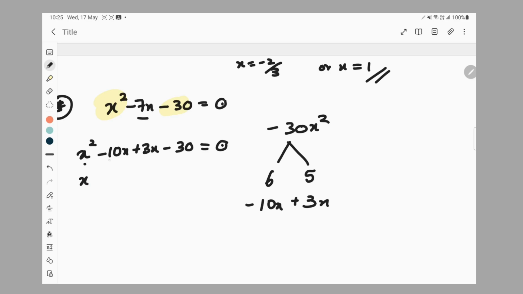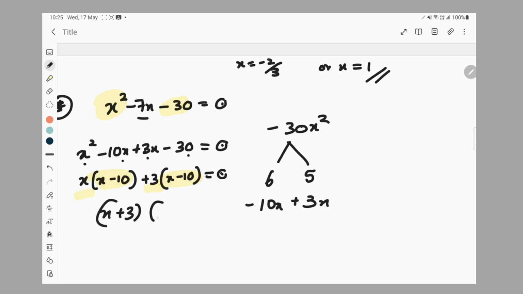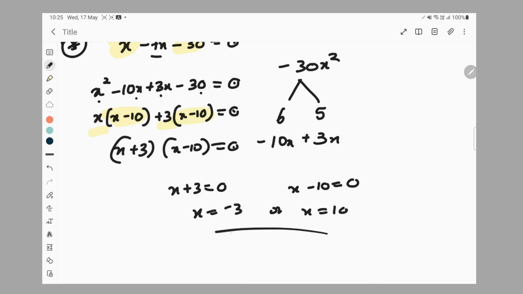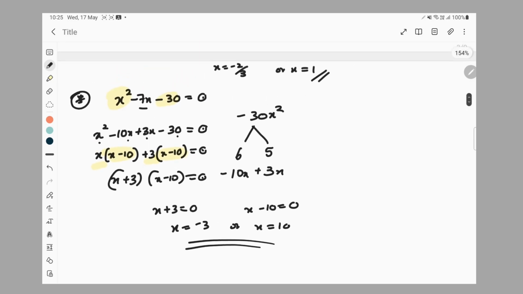Then you take the common term, x, out: x minus 10. Then you take 3 out, and that's also going to be x minus 10. If these two brackets are the same, that means you are doing it correctly. Then take the outside ones into one bracket, and the two same brackets we write once. Then equate each bracket to 0. So x is equal to minus 3 or x is equal to 10. Those are the two answers.